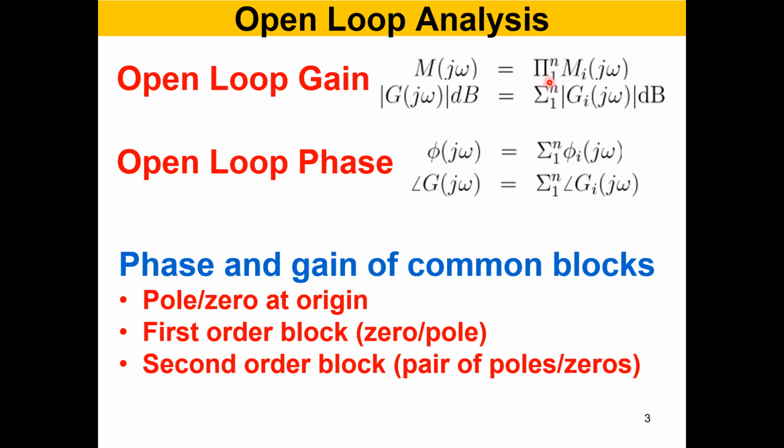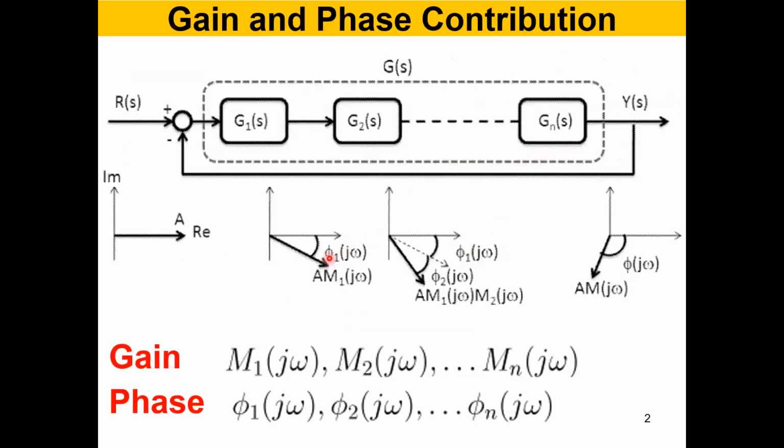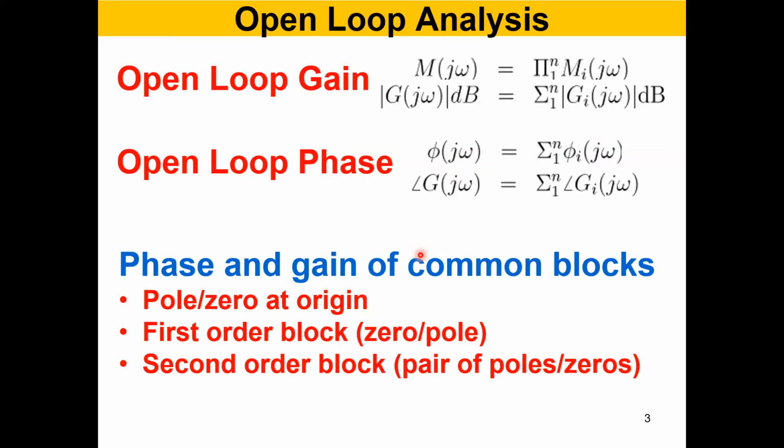Right. And phase, if you get one single block producing phi_i(j omega), the ith block, right? Then you have to add them together to get the total phase. Just like over here, you are adding these phase delays. Okay, right. Please ask if you have any questions up to now.